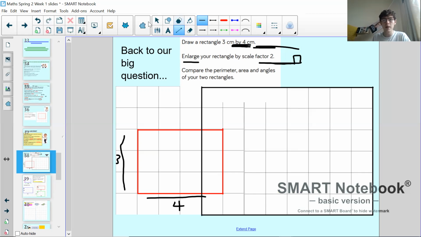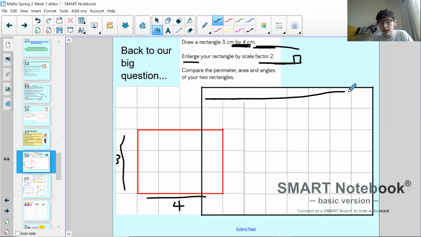So now I have my rectangle where this length is 8 centimeters and this length here is 6 centimeters, okay? So now I have enlarged my shape by a scale factor 2 because it is twice as big, okay? Our 3 has gone to 6 and our 4 has gone to 8.